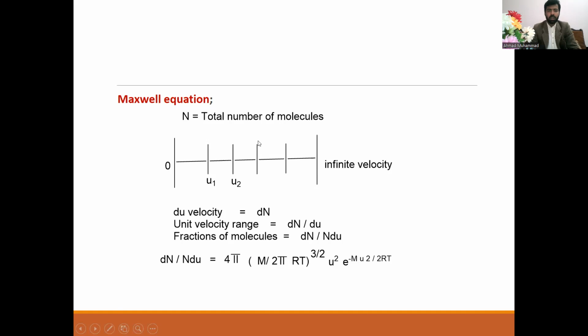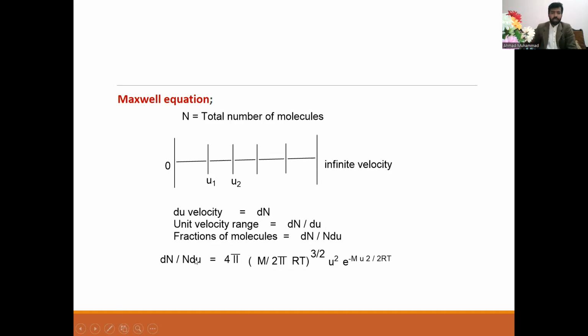The total number of gas molecules is represented by capital N. Then du is the velocity range, and the change in the number of gas molecules for the unit velocity range will be dn over du. So the fraction of molecules is also equal to dn over N du.